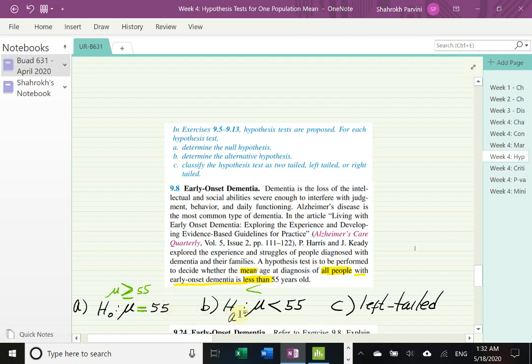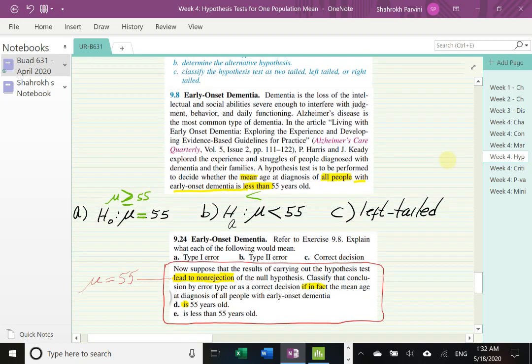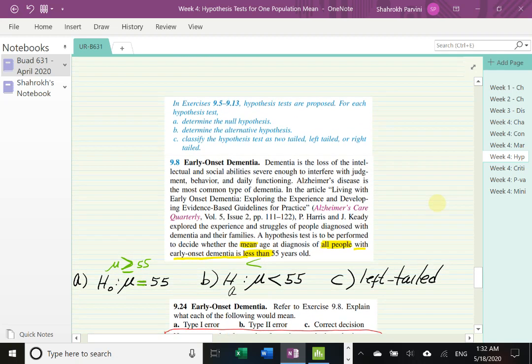The alternative here: the mean is less than 55. Because notice that's what they want to decide, whether the mean is less than 55. So because it's less than, this is a left tail test of hypothesis. So that was pretty easy. Now, let's take a look at this part. Actually, sorry, there you go.